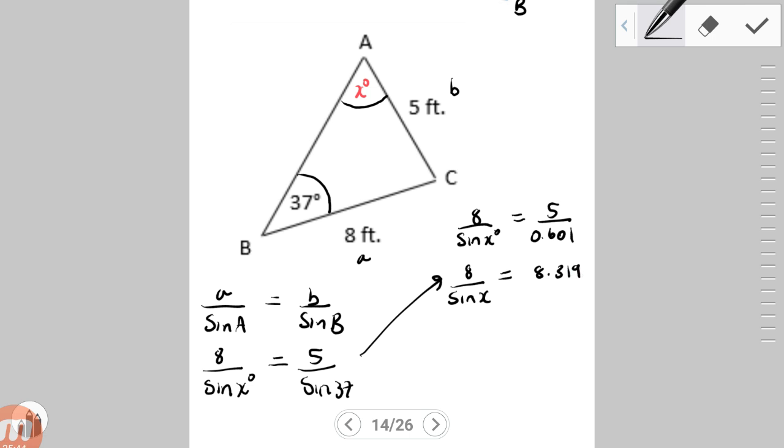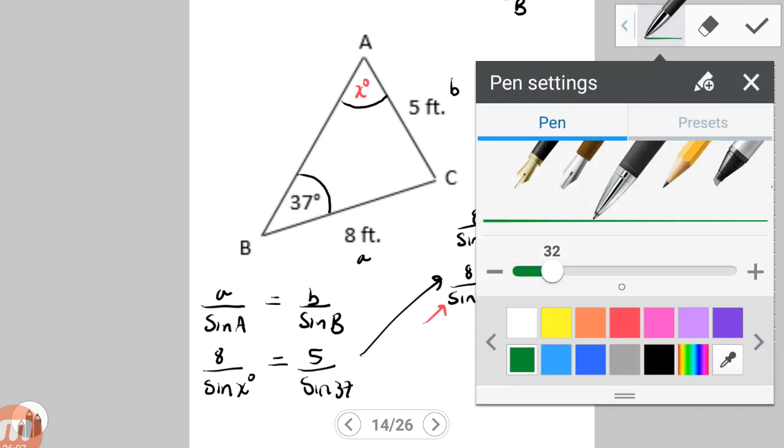Right? So now we are finding out that the unknown variable, which is the angle we're looking for, is in the denominator. So what happens when using this method, when our variable or our unknown quantity is in the denominator? Well, we do a swap. So we are going to divide.